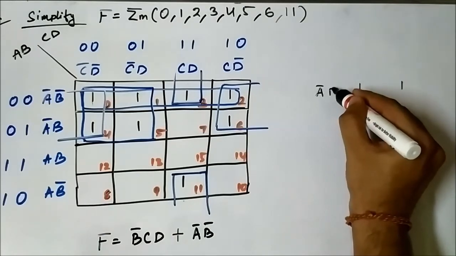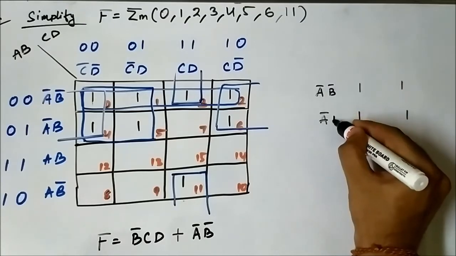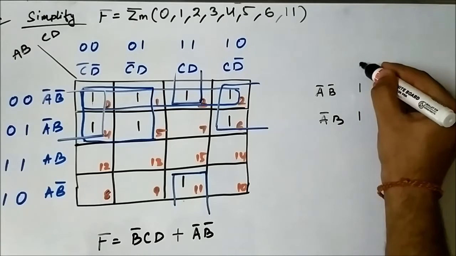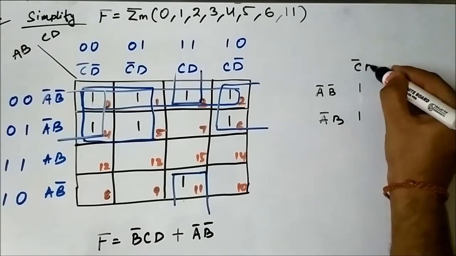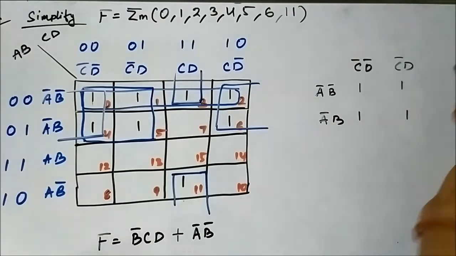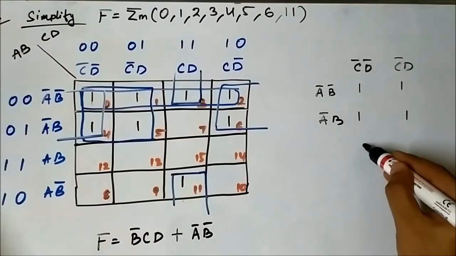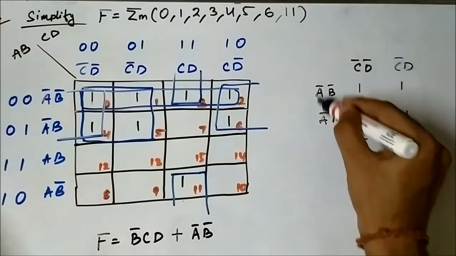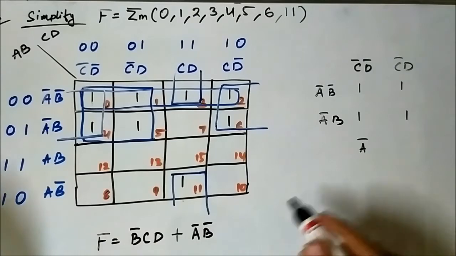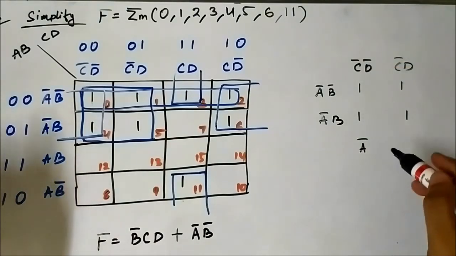A bar B bar, A bar B, C bar D bar, C bar D. You see, in the horizontal side we have A bar common, and in the vertical side we have C bar common.